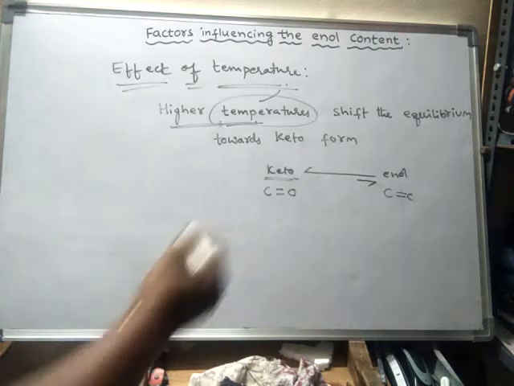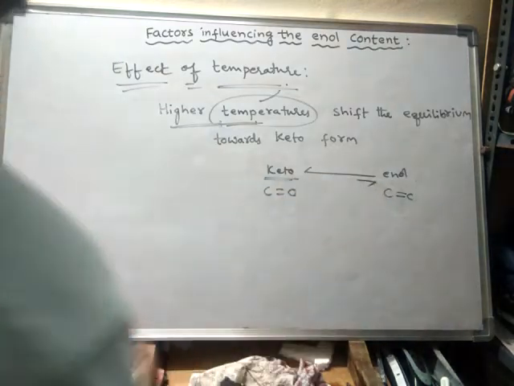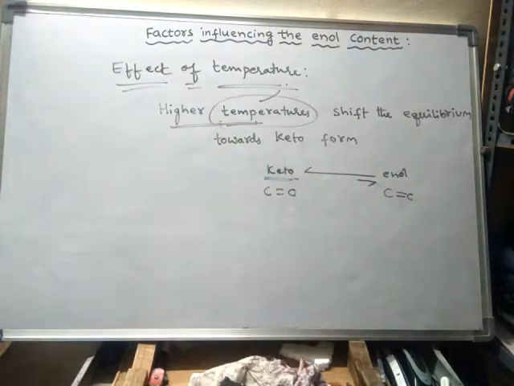That means the keto form is thermodynamically more stable when compared to the enol form. So the C=C double bond breaks down easily due to less bond energy. So that is the effect of temperature.